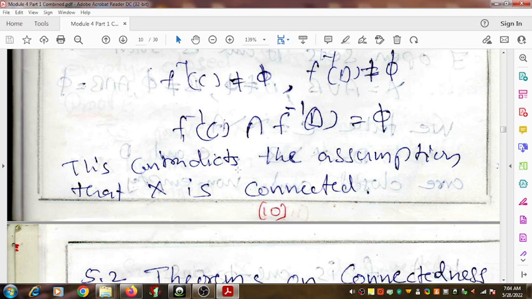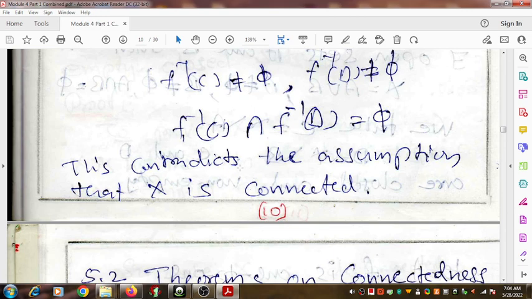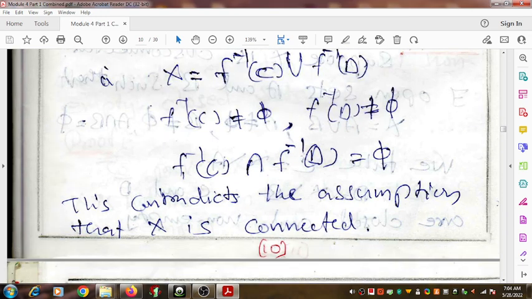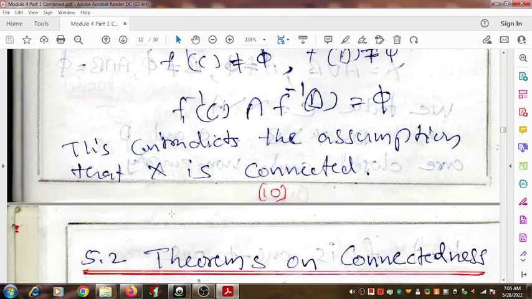And this contradicts the assumption that X is connected. So if there exists a disconnection for X, that contradicts the supposition that X is connected.